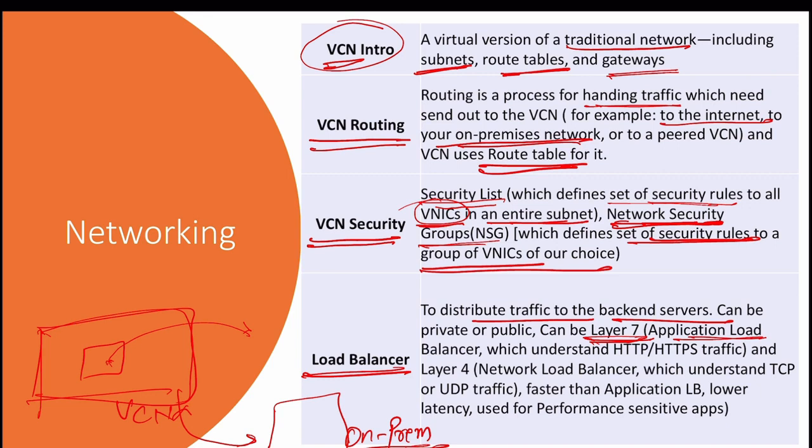It understands only HTTP and HTTPS traffic, or in other words, web traffic. Then we can also have the layer 4 load balancer, known as the network load balancer, which understands TCP and UDP traffic between devices.